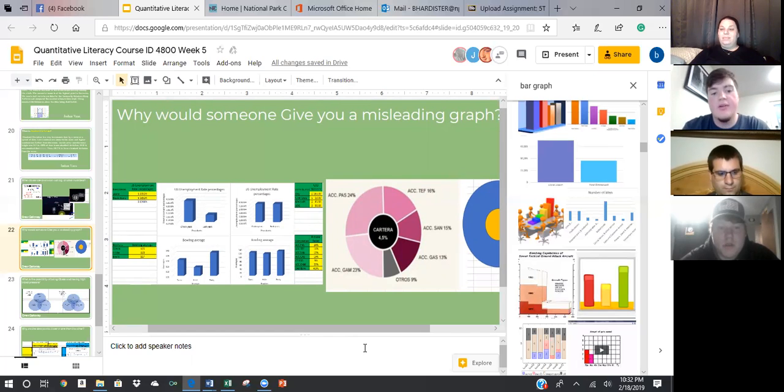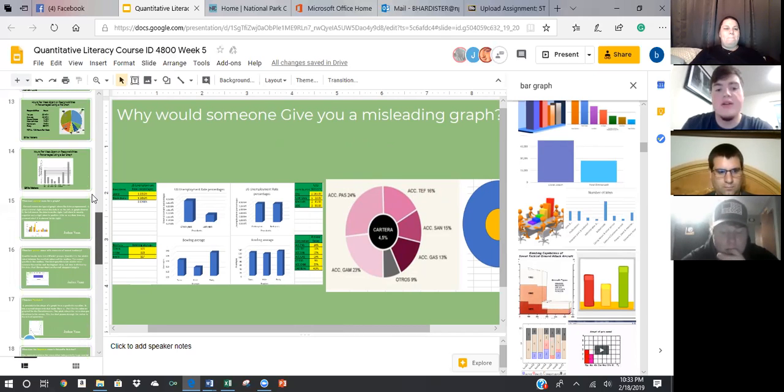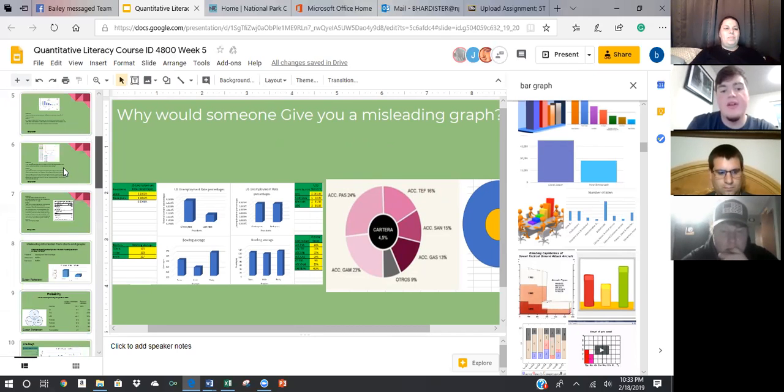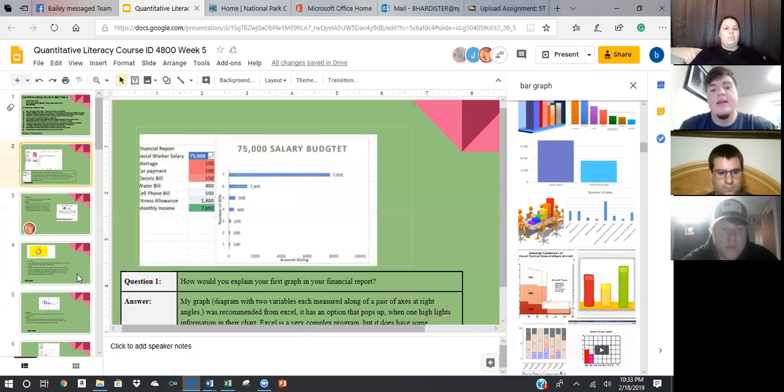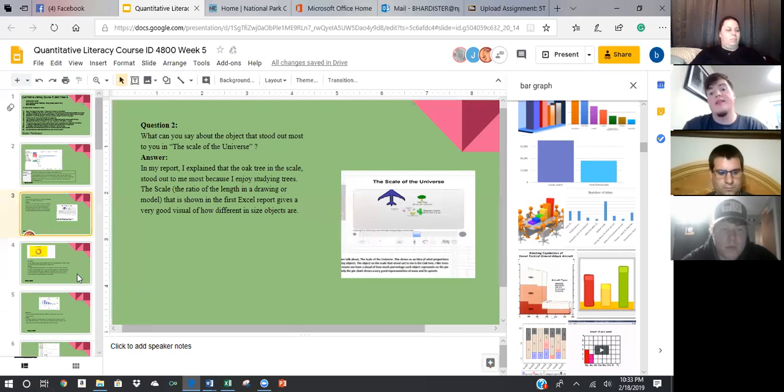The scale, also the ratio of the length in a drawing or model, that's the definition of it, that is shown in the first Excel report, gives a very good visual of how different in size objects are. It really does, because if you watch the video, you can see how big certain things are compared to other objects. It's kind of wild. Yeah, I thought it was neat.